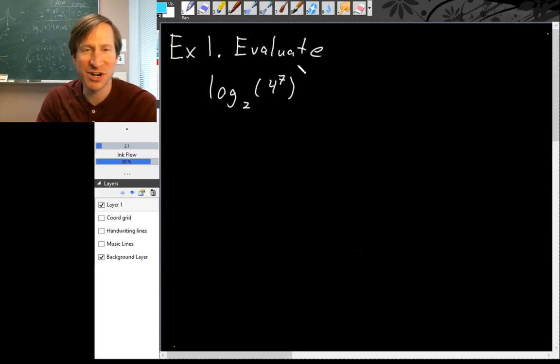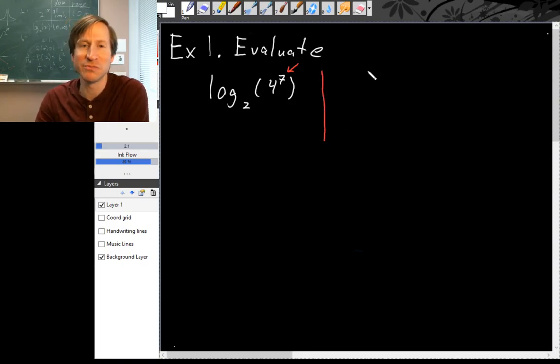And based on our experience with the properties of logarithms, you might wonder, well, what about this exponent? Is there some place else I could put that exponent? And there is a property of logarithms that has an exponent inside the logarithm, and it looks like this.